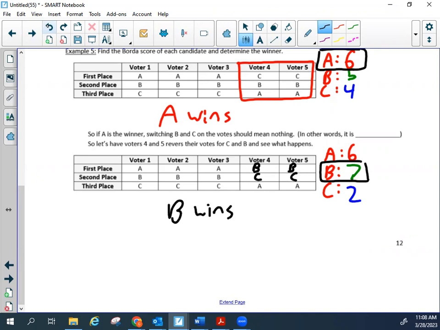So that's a big problem with the Borda count, because I could take votes that don't matter. And if I mess with votes that don't matter, the part that didn't matter was that A got 0 points. So I changed a part that allegedly didn't matter, and it did end up affecting the winner. So we could say, in other words, it's independent.